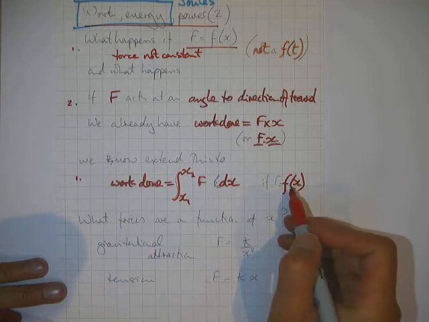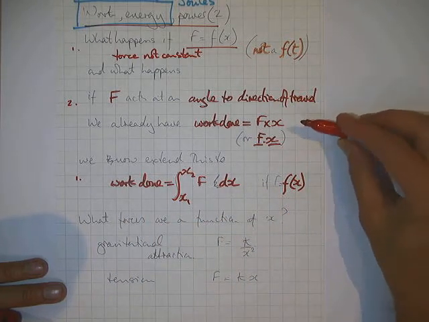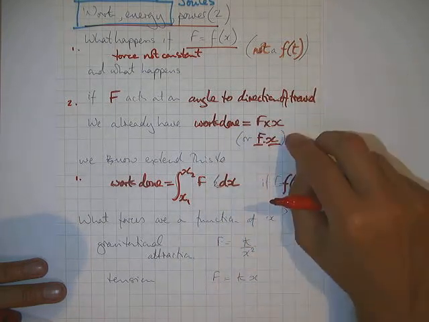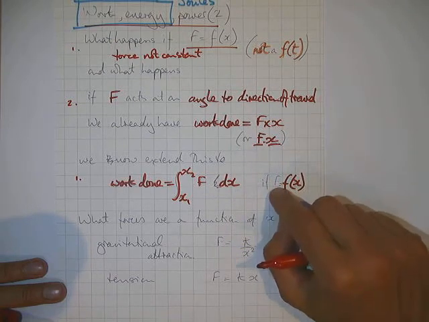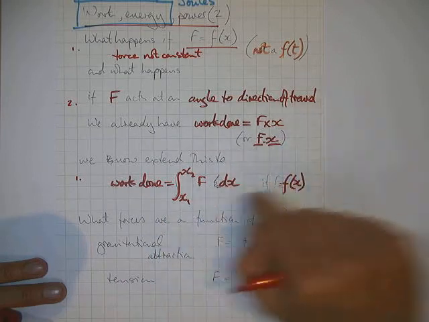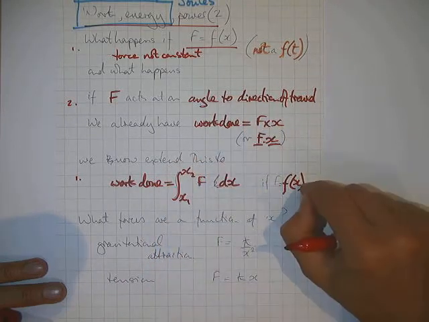That will give us the work done. And it's a very, very common step to go from where a force or something is constant, we can do force multiplied by displacement. As soon as we find we've got a varying force or a varying velocity, etc., we can turn that multiplication into an integration.